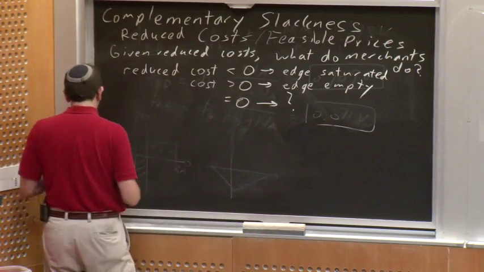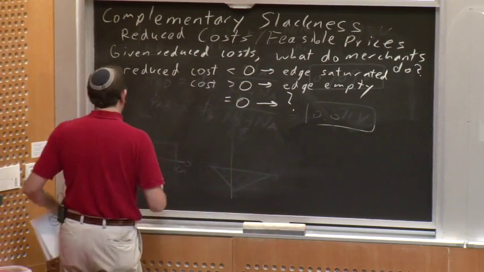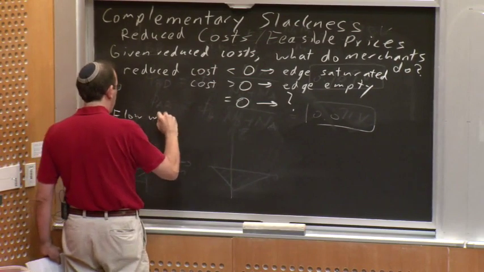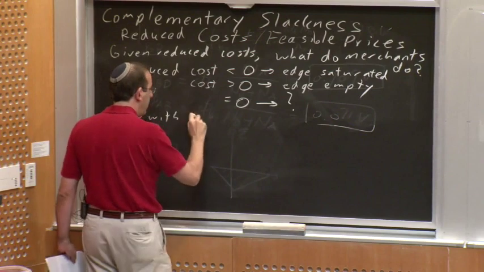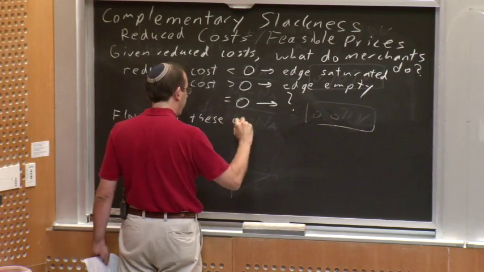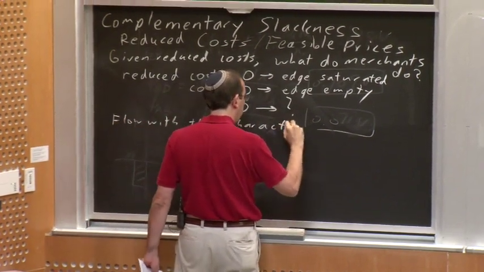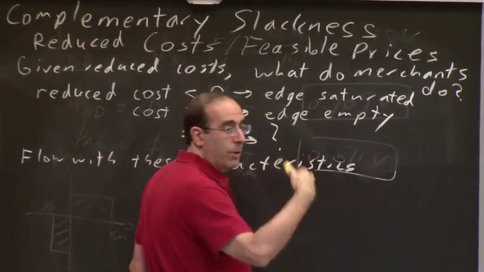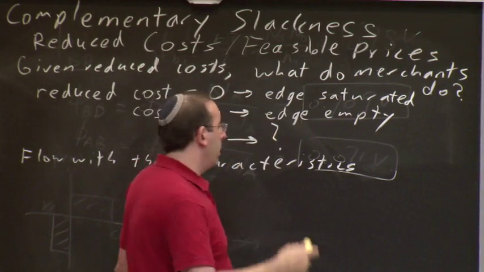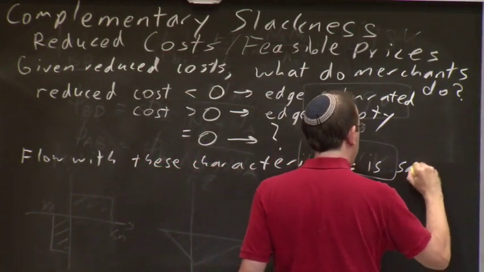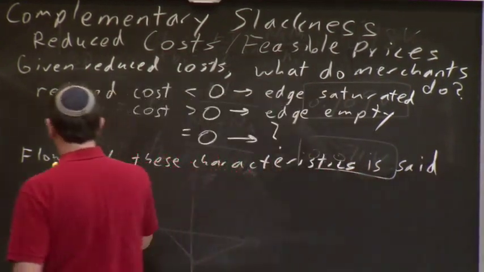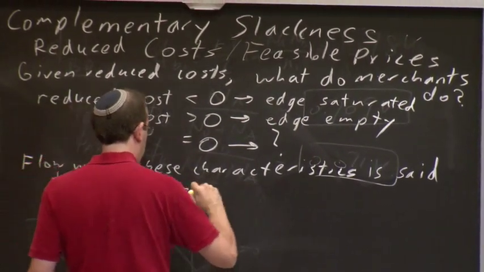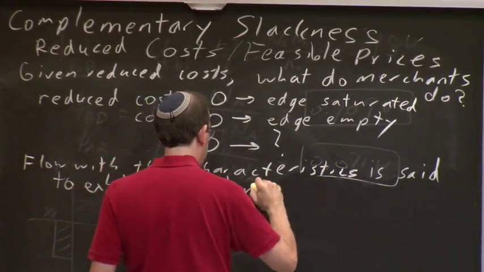So, given these, a flow with these characteristics with respect to the reduced costs is said to exhibit complementary slackness.